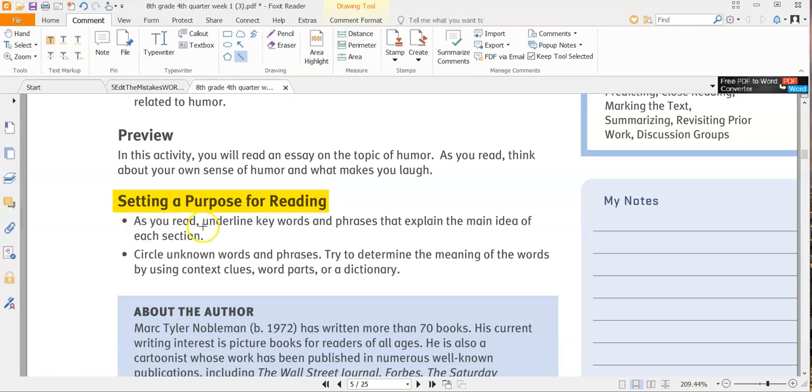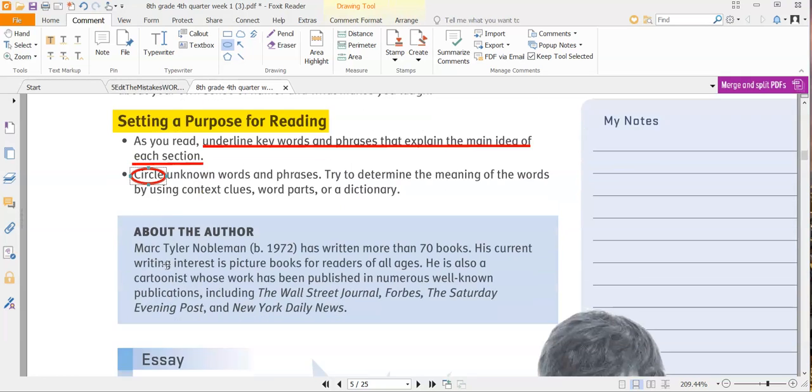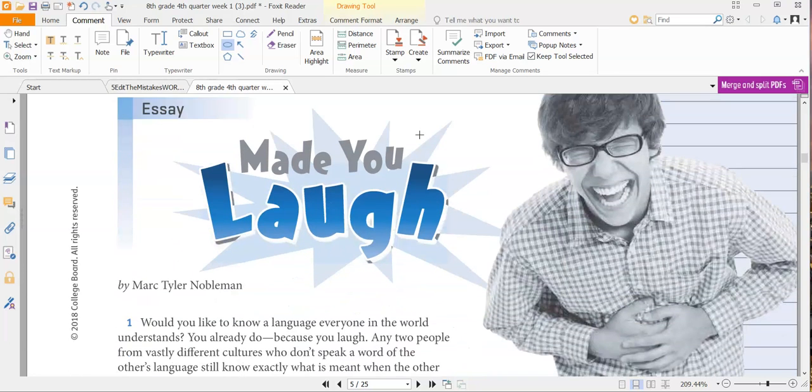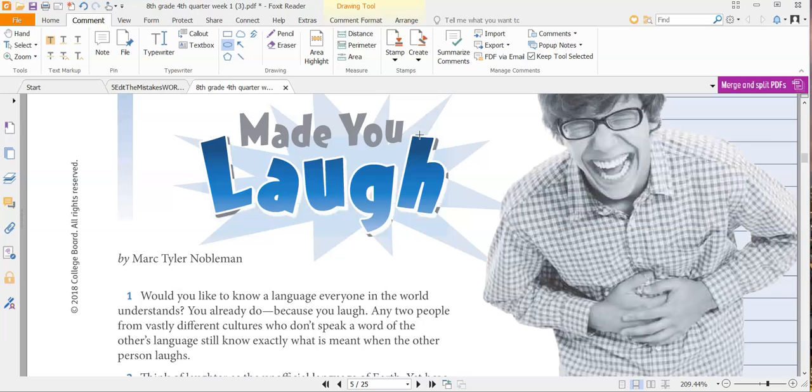So here it says, as you read, underline keywords and phrases that explain the main idea of each section, okay? So that's one thing that it wants me to look for during my annotations. The second thing I need to be able to do is circle unknown words and phrases and try to determine the meaning of the words by using context clues, word parts, or a dictionary. Simple enough stuff, not that different from what we've done before.